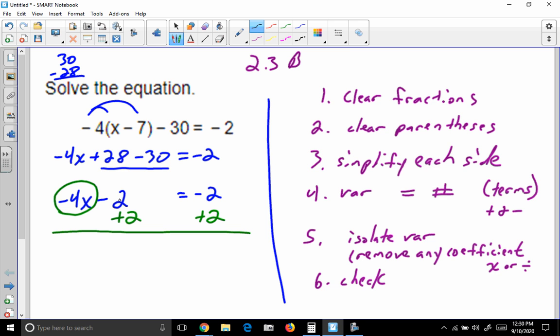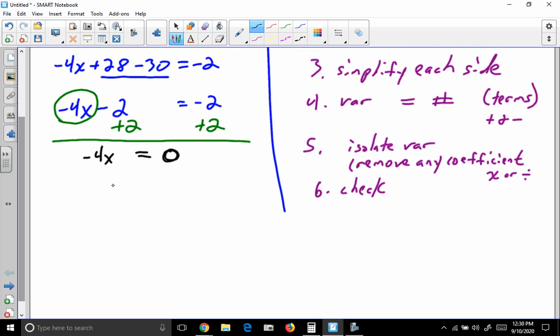So minus 2 plus 2 cancel. That leaves us negative 4x. On the other side, negative 2 plus 2 cancel. And we can't just leave this side blank, so we need to put a 0 saying that we have nothing left on that side. So negative 4x equals 0.